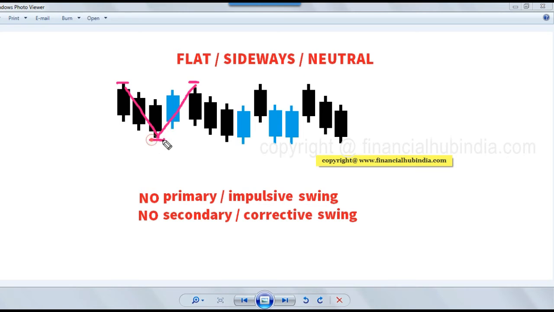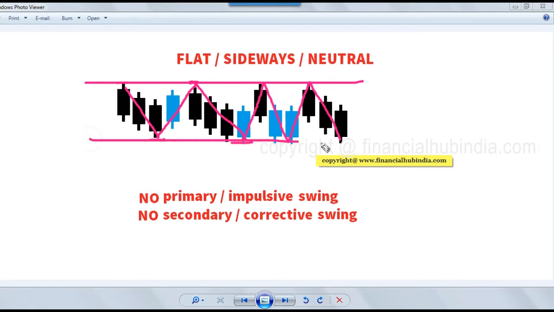Again, the price from here traveled the same distance to there, and this is how the overall price momentum is going on. So we have a flat market. We don't have a primary or impulsive swing, and we don't have a secondary or corrective swing. So whenever you see a market condition where you cannot compare two different swings into primary or secondary, you can say that's a flat market.